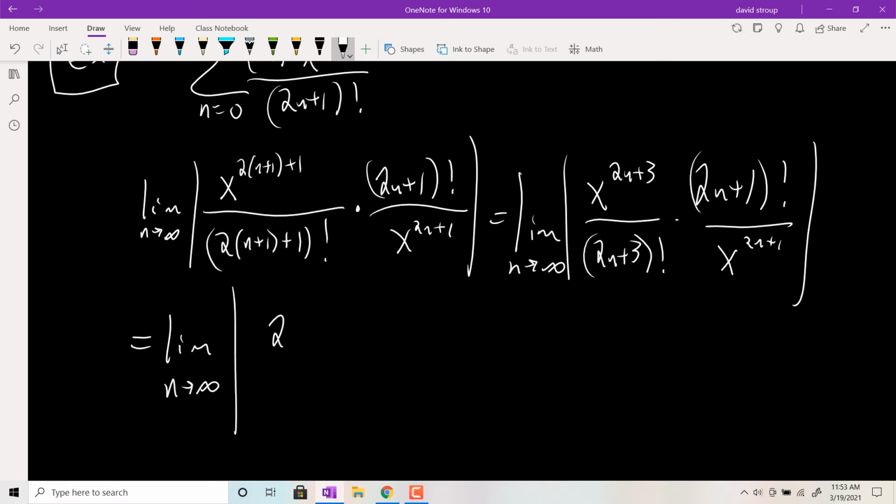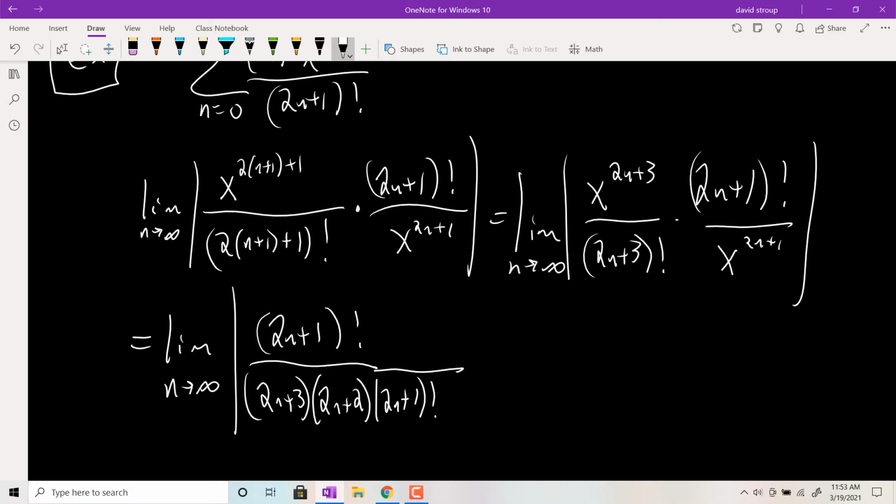So I have 2n plus 1 factorial all over the 2n plus 3 factorial, right? Using the recursive definition for factorial, I could rewrite that as 2n plus 3 times 2n plus 2 times 2n plus 1 factorial. Okay. And then that will be times x to the 2n plus 3 minus 2n plus 1.